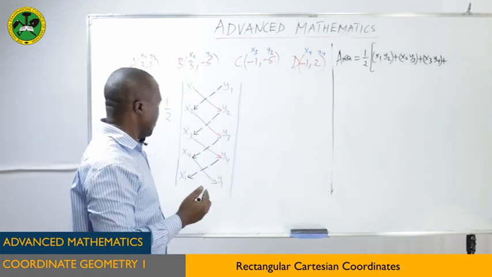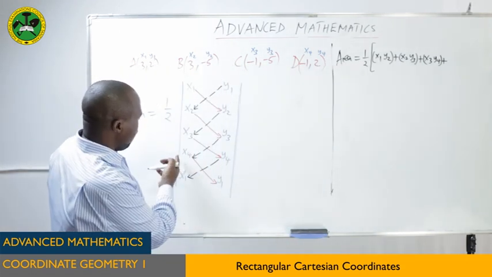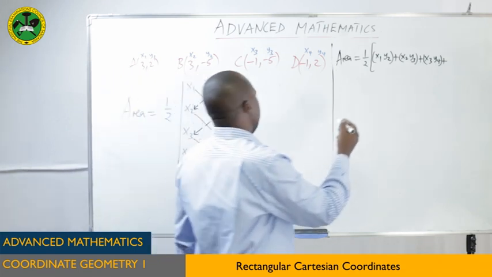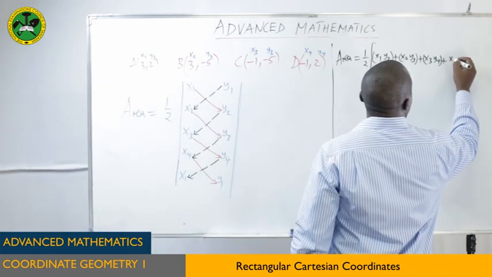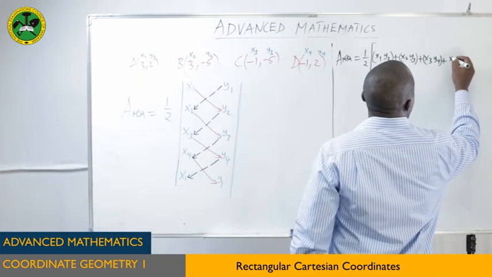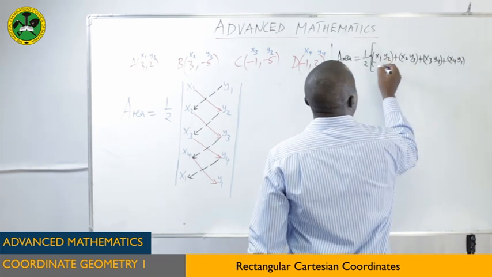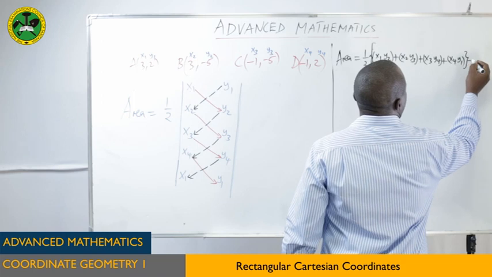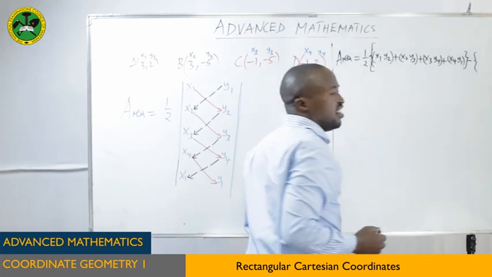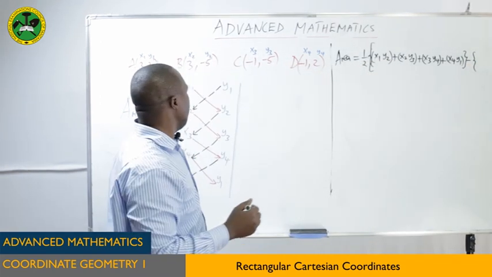Then we have x4 and the y1, that is x4, y1.